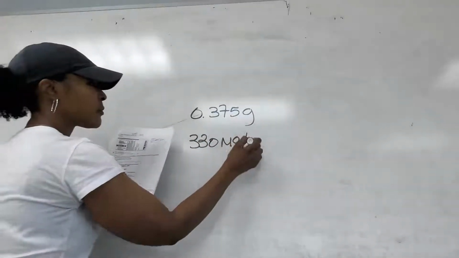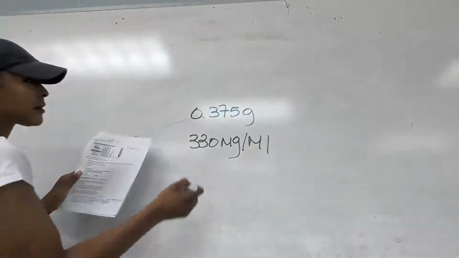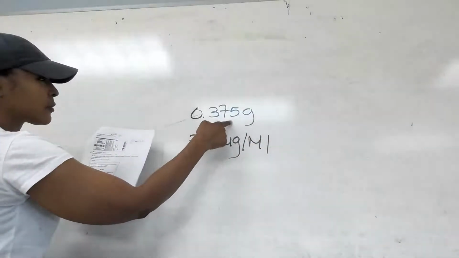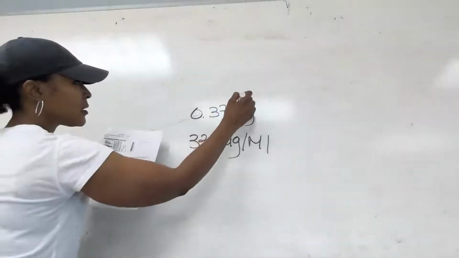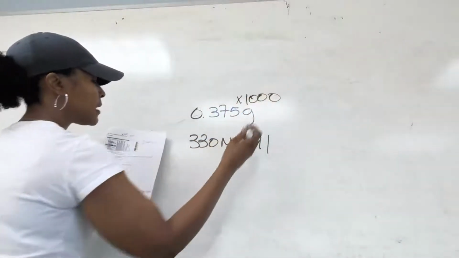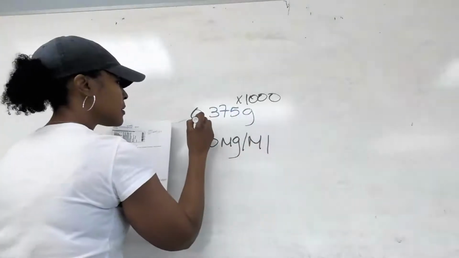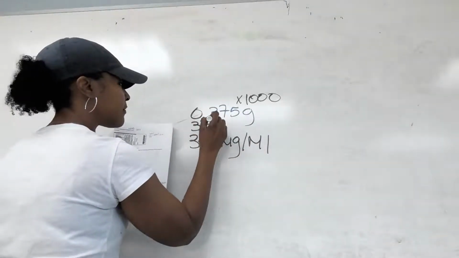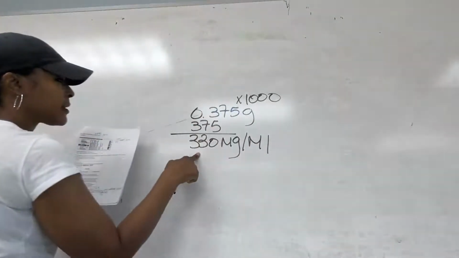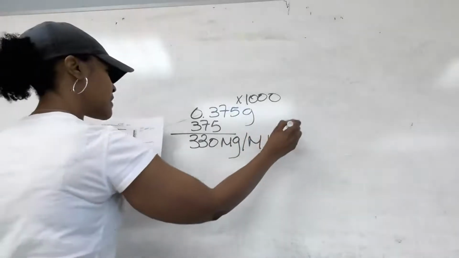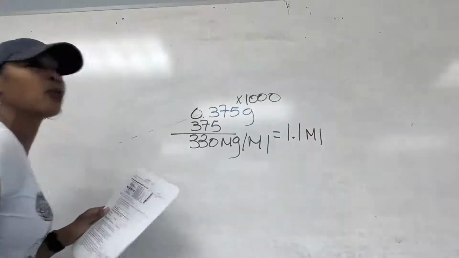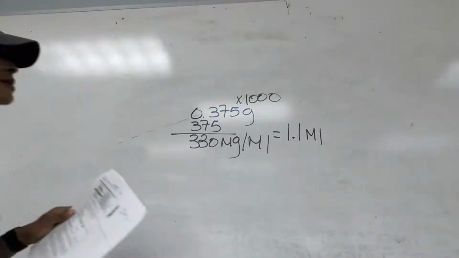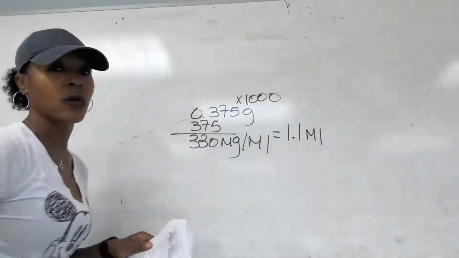So you have to convert 0.375 grams to milligrams. You're going from largest to smallest, so you multiply by 1,000 and it comes out to 375. 375 divided by 330 comes out to 1.13 something, so we round it and it's 1.1 milliliter.